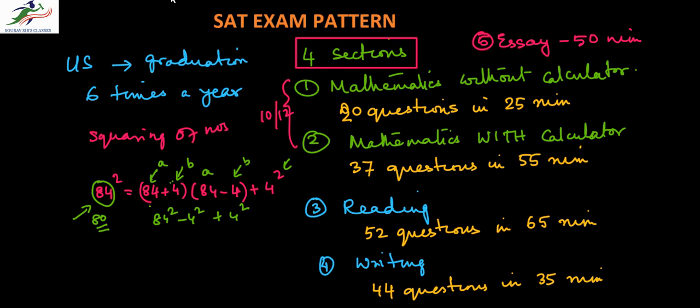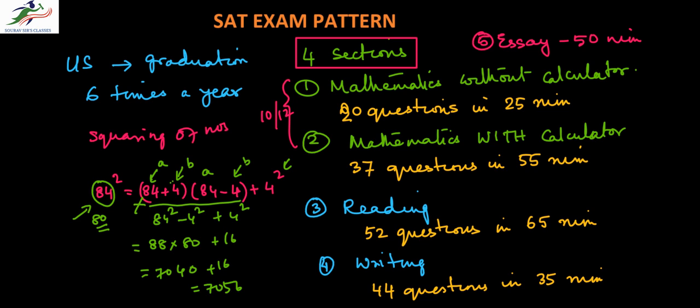Now, if I do this calculation, it becomes very easy because it is 88 into 80 plus 16, and that is 7040 plus 16, which is 7056. Now you don't need to do this step, this is mental.